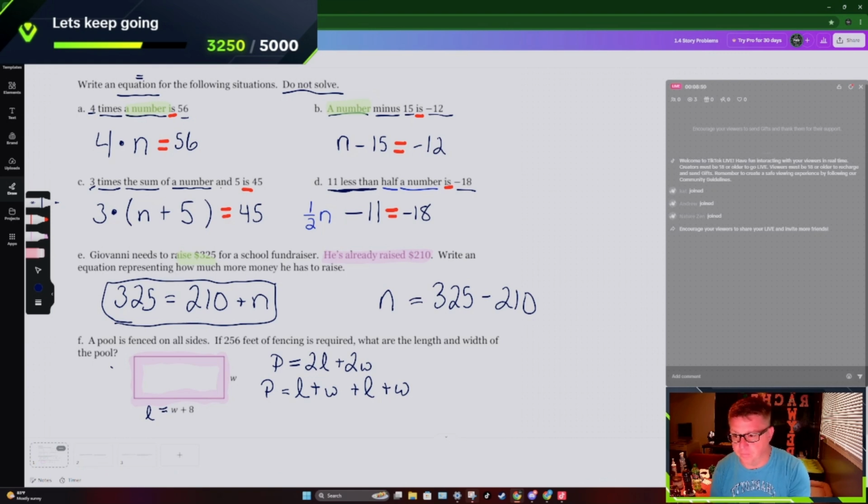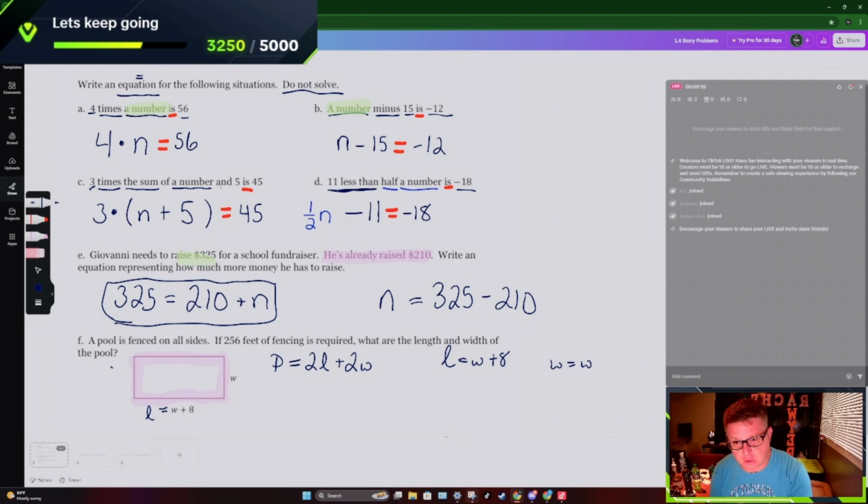So, let's start with the first one, though. And let's talk about what the length is. The length is W plus 8. And what's the width? Well, the width is just W. So we're going to set this idea up.